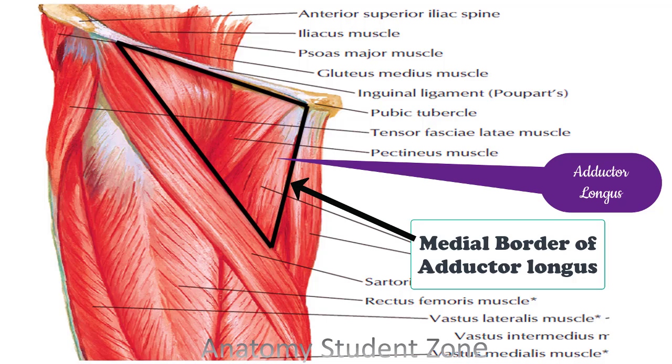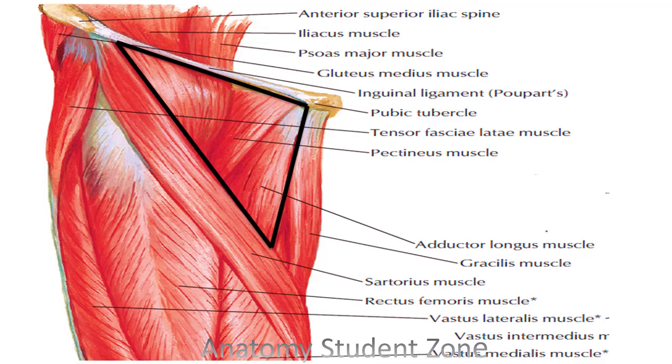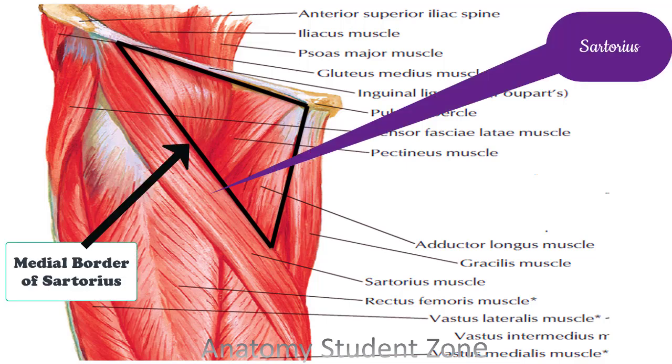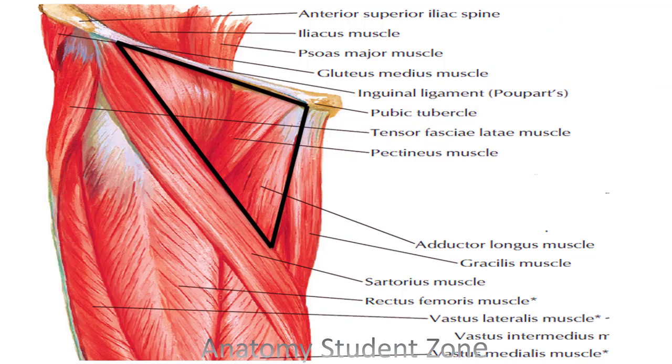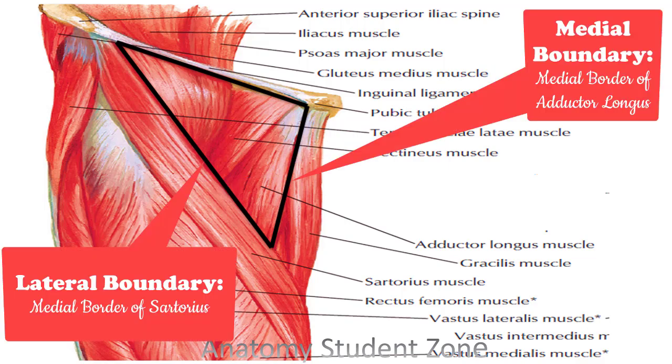The lateral border of this triangle is formed by the medial border of the sartorius muscle, as we can see here. We can easily remember this: the medial borders of adductor longus and sartorius form the medial and the lateral boundaries of the femoral triangle. Both muscles' medial borders are involved in forming the medial and lateral boundaries.